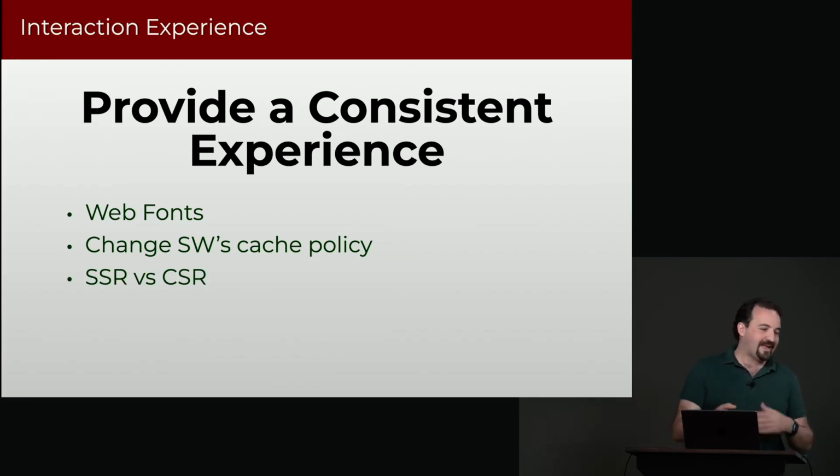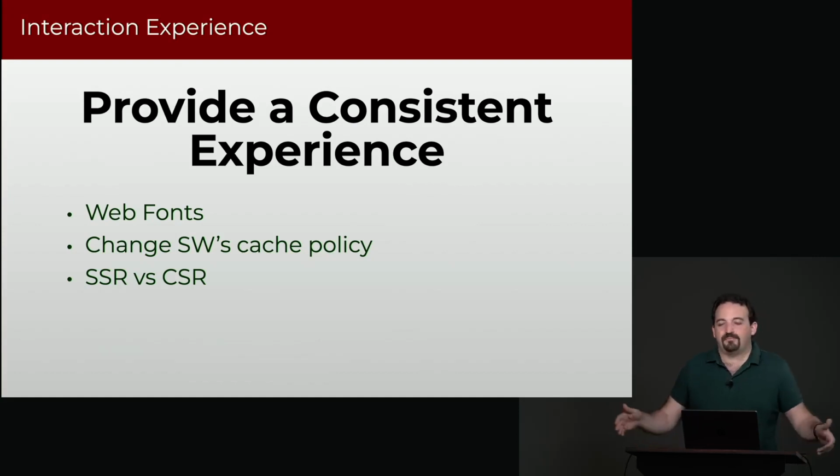Maybe you say, you know what, I can't change this, but if the user is on a low-level, low-memory mobile phone, maybe let's jump to server-side render, because it's going to be really painful for the user to execute our 3 megabyte React application client side.